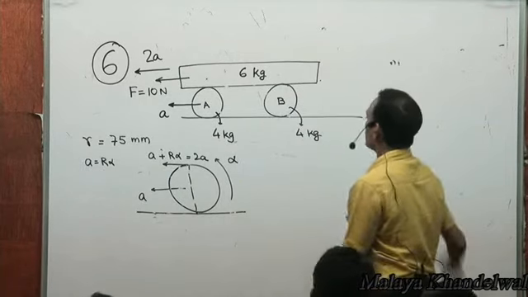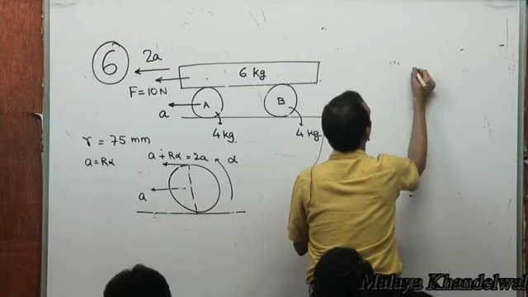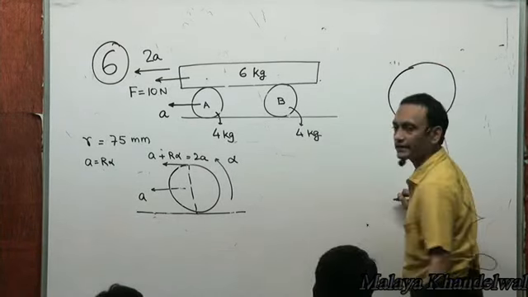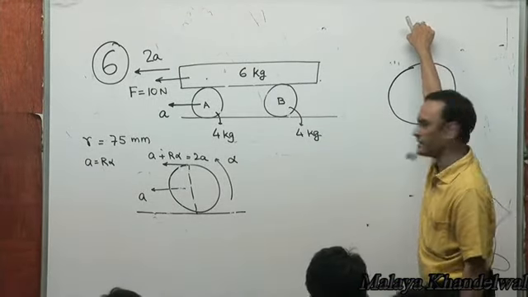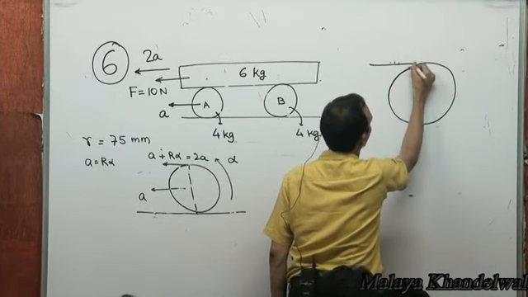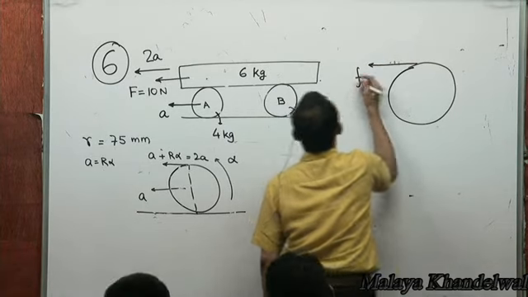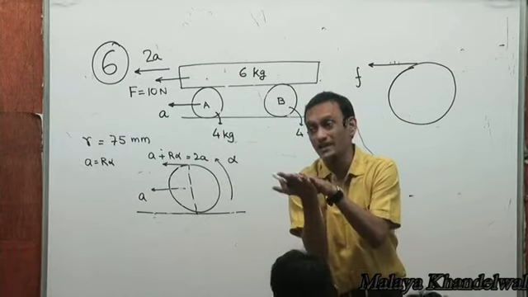Right? Now, free body diagram of the disk. What are the forces acting on it? There is mg and there is normal reaction, which we will not unnecessarily depict. Then for the disk, there is, say, friction F, static friction between A and the carriage, because there is no slipping.